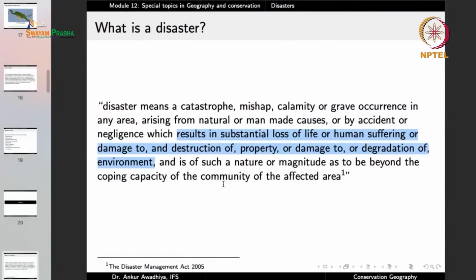So if there is a degradation of the environment, that too is a form of disaster. So if there is a large scale industrial pollution, or if there is a release of noxious chemicals into the water bodies, these are all different kinds of disasters, and is of such nature or magnitude as to be beyond the coping capacity of the community of the affected area.